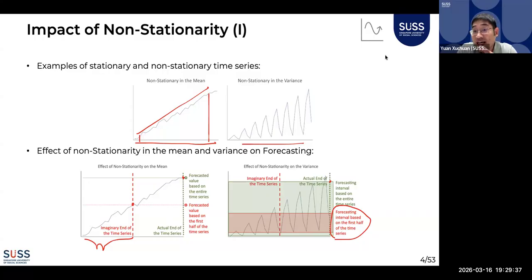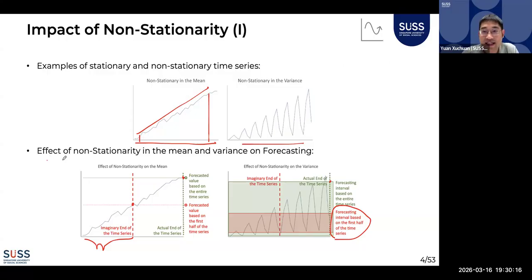So seasonality is just one cause, could be just one of the reasons that your data is not stationary. Nicholas, are you okay? So if your data have seasonality, definitely your data is not stationary, because you have cycles.